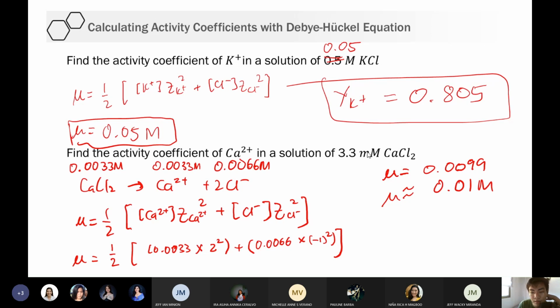Approximation is accepted here, as long as the decimal is around 0.9998 and so on, you can approximate that to the nearest value. So the mu is approximately 0.01 molar. Since we already know the mu, let us solve for the gamma of calcium 2 plus using the table.